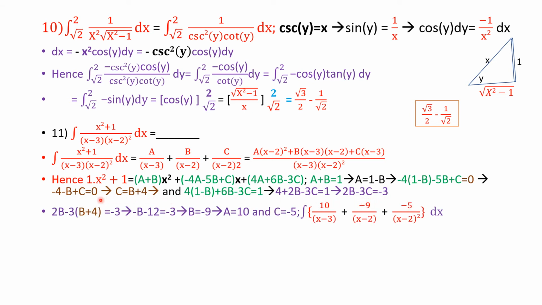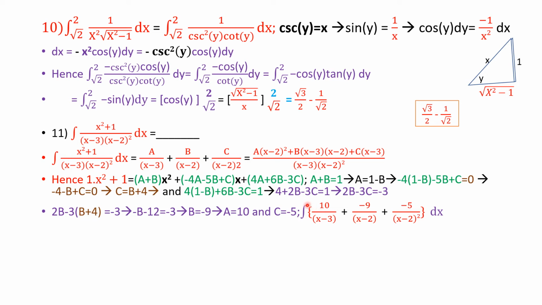So we will continue here: 2b minus 3, multiplied by b plus 4, will be equal to negative 3. This implies negative b minus 12 equal to negative 3, which implies b equal to negative 9, and this implies a equal to 10 and c equal to negative 5.